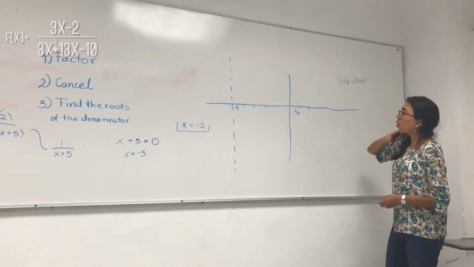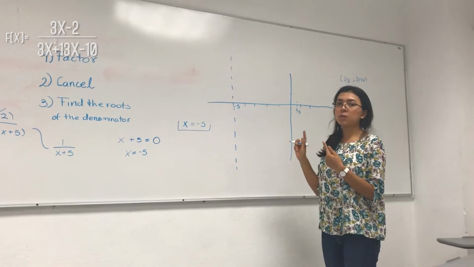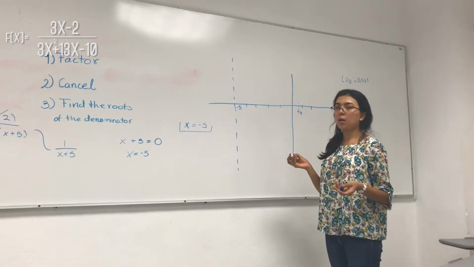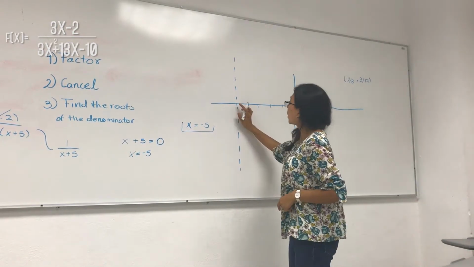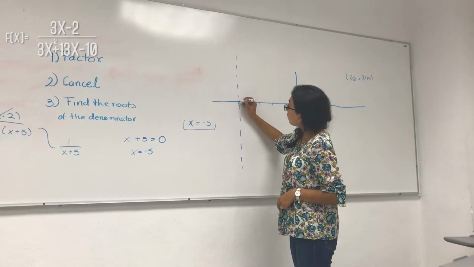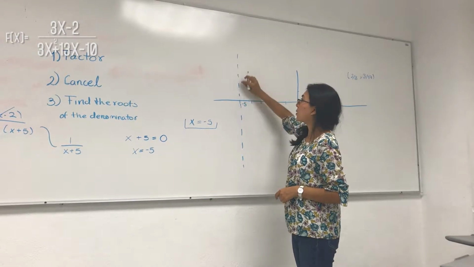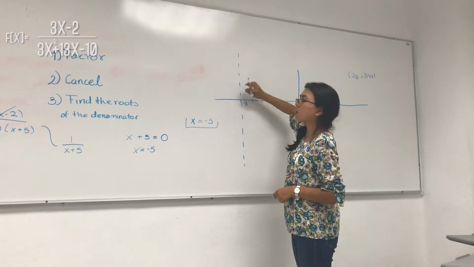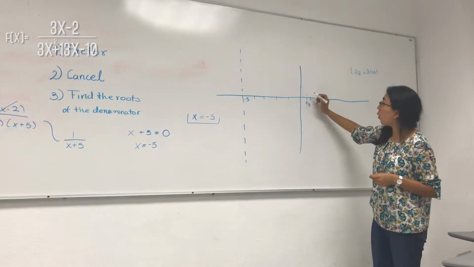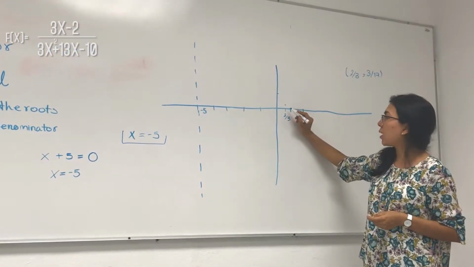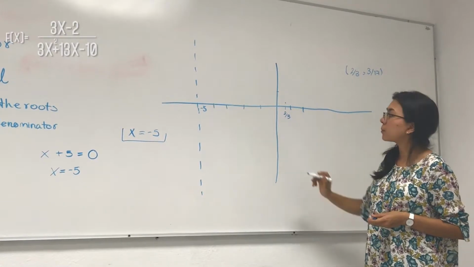Okay, so these are the 2 values that our x cannot have. They cannot take the value of minus 5 because it will be on this asymptote, so it's a contradiction. And there's a hole here, so also x cannot be 2 over 3.